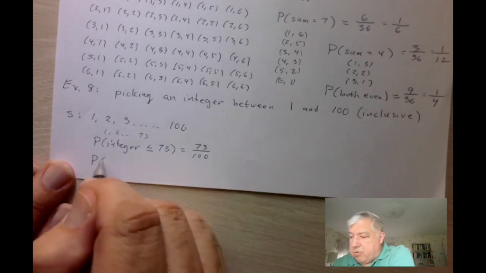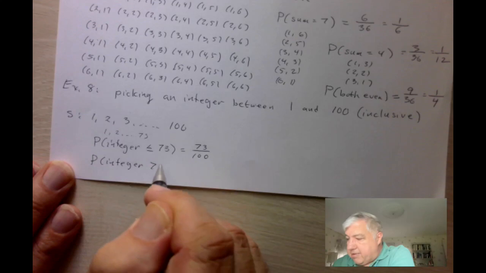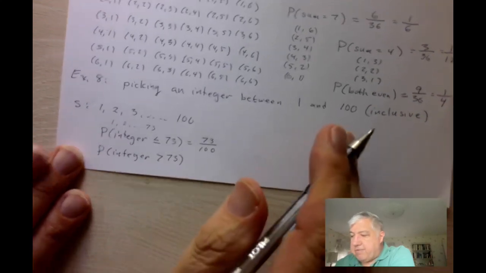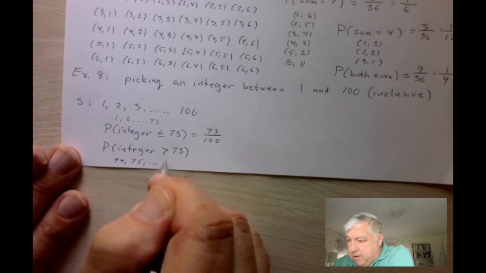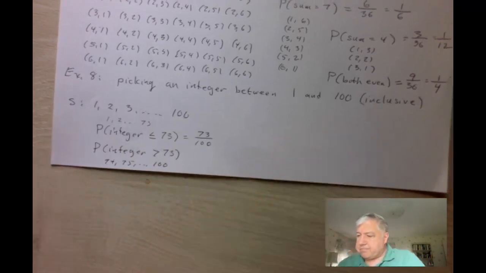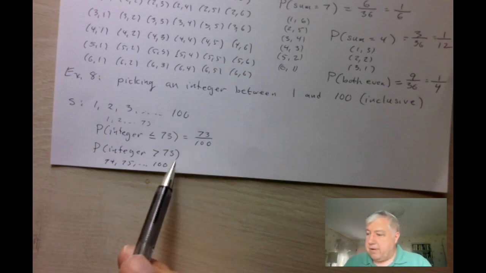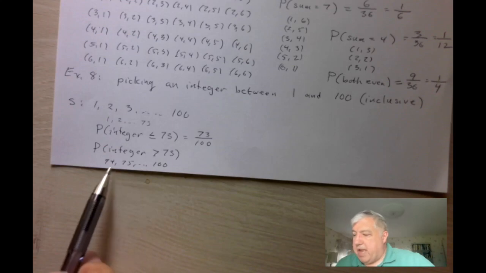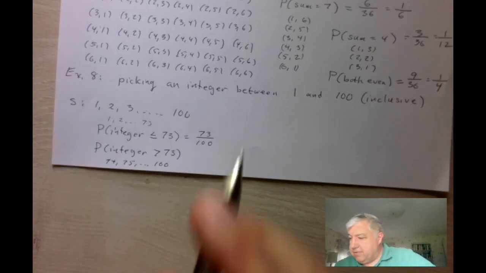If we wanted to find the probability that the integer was strictly greater than 73, that would start with 74, 75, all the way up to 100. Well, you can see that would be the complement of this. You could count all of these, and you'll see that there would be 27.